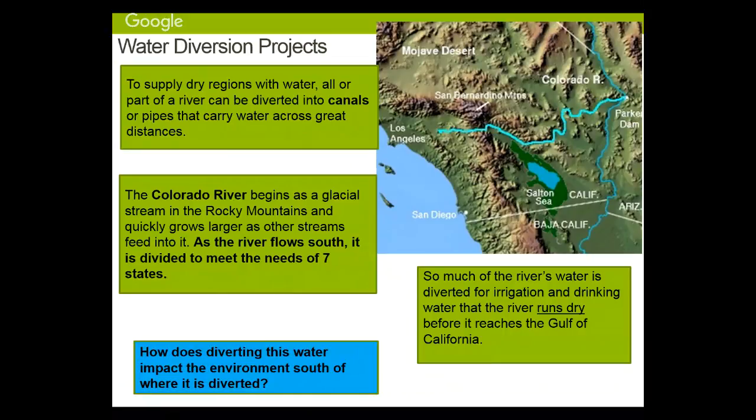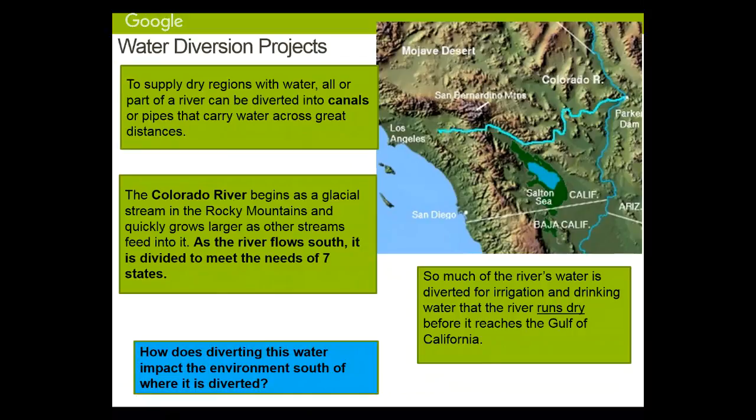Part of the water that runs through the Phoenix metro area comes from the Colorado, and before it gets to us, at Parker Dam, a lot of it is diverted. So we see a huge portion of that water being diverted to Los Angeles through a pipeline.